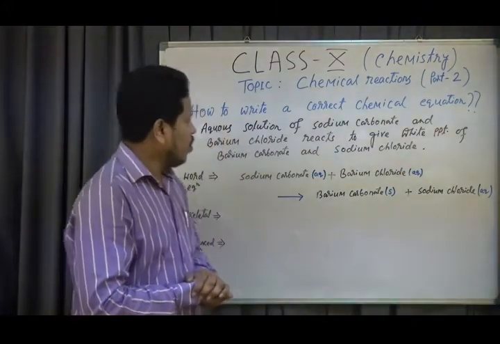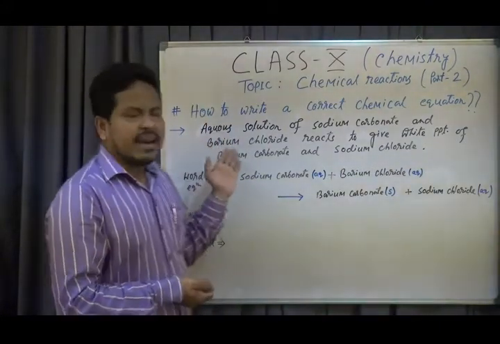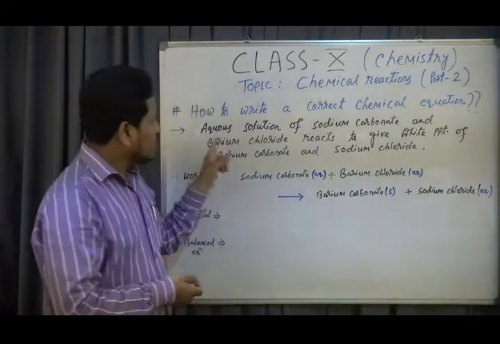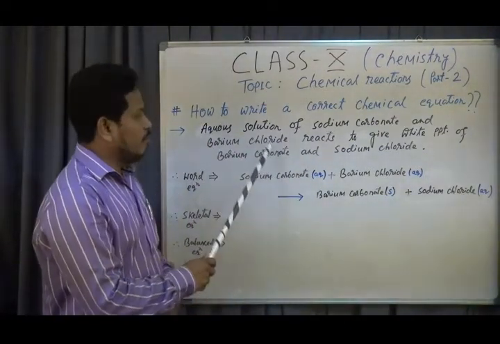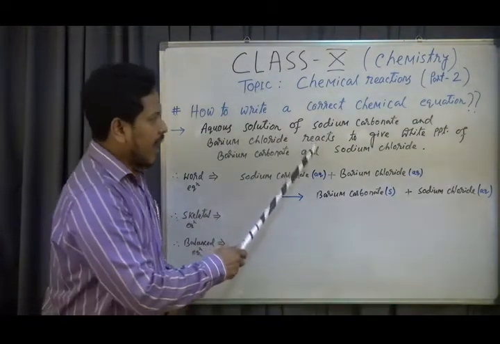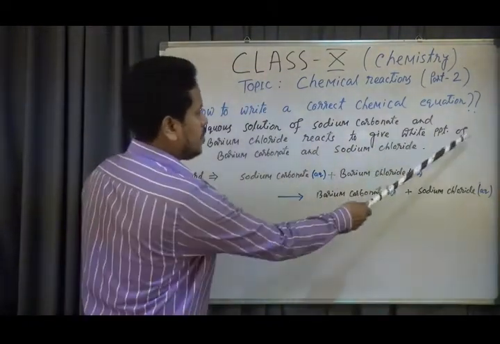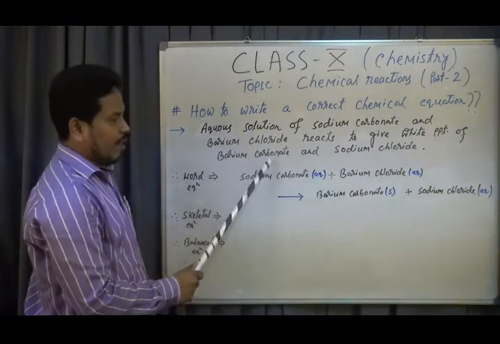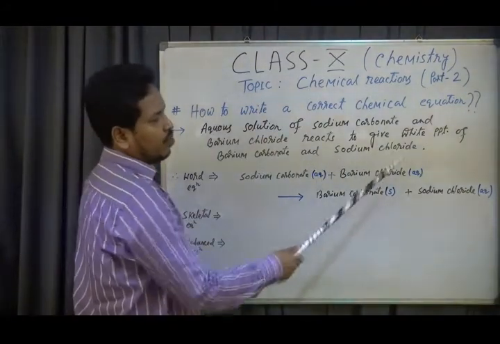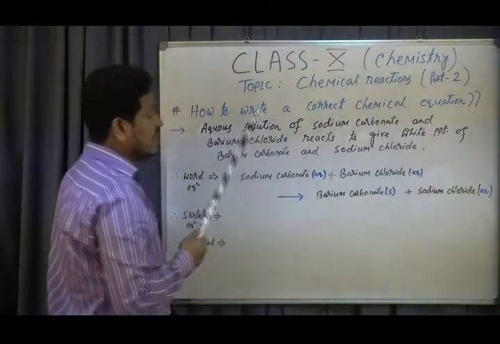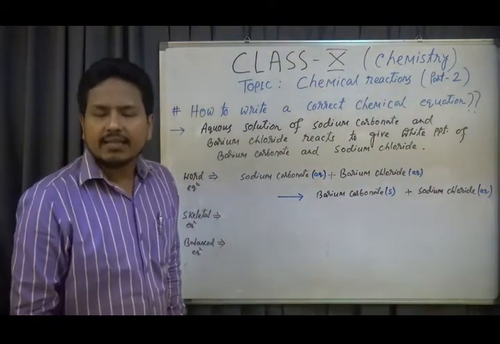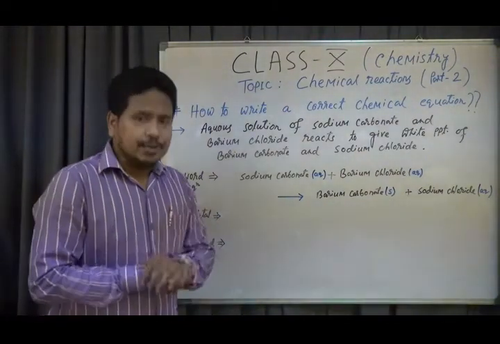Okay, look at the board. This is the chemical reaction. Aqueous solution of sodium carbonate and barium chloride, both are aqueous solutions, reacts to give white precipitate of barium carbonate and sodium chloride solution. So this statement indicates that this is a chemical reaction, that is a chemical change.